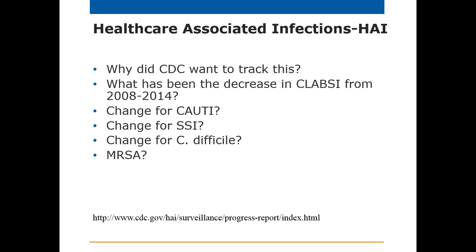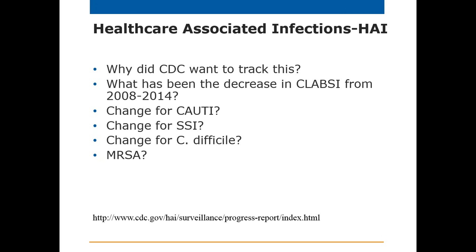Real quickly then, I want to give you some statistics. Among acute care hospitals, they found between 2008 and 2014 a 50% decrease based on this tracking. There was no change overall in CAUTI between 2009 and 2014. However, they saw great progress in non-ICU settings.